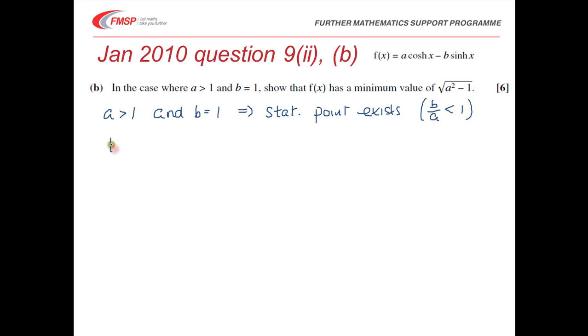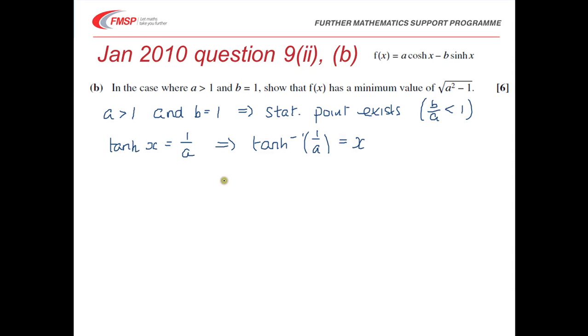The tanh of x, instead of being b over a now, since b is equal to 1, it's going to be 1 over a. So that implies that we have the inverse tanh of 1 over a will be equal to x.